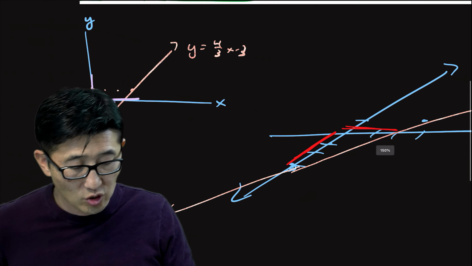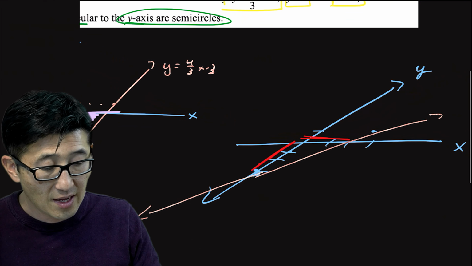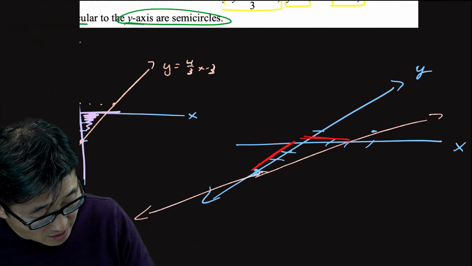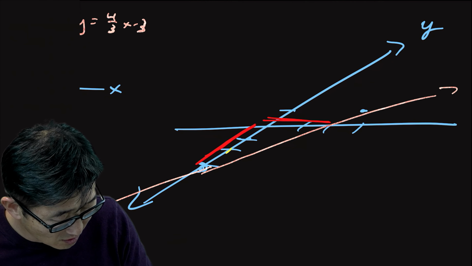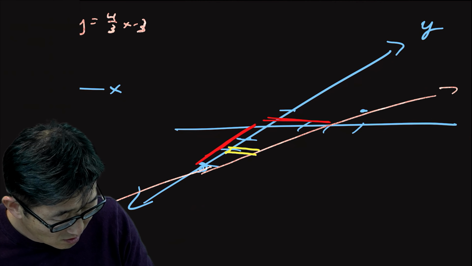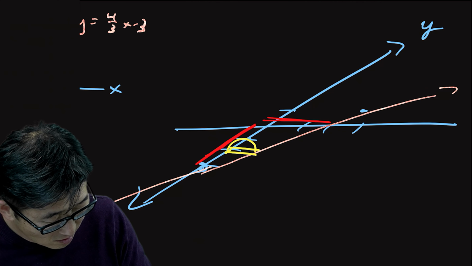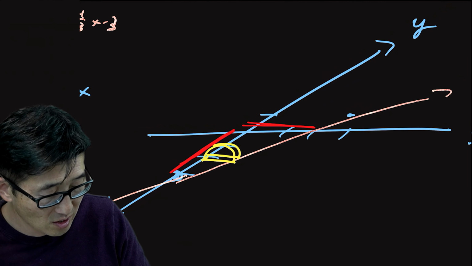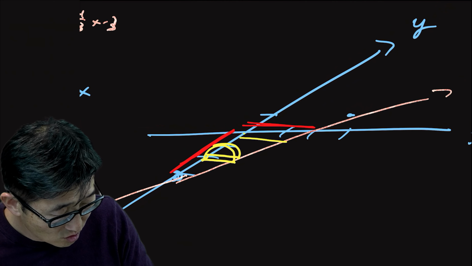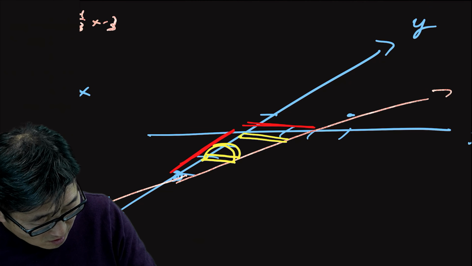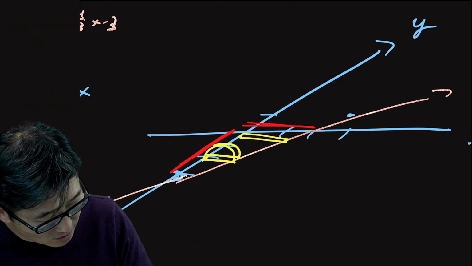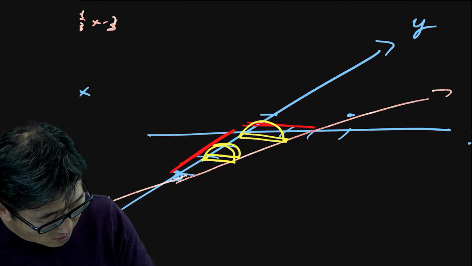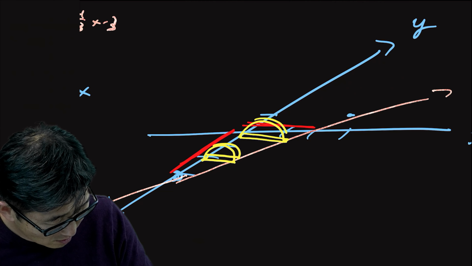Now what you want to do is draw semicircles perpendicular to your y-axis. And what that's going to look like is something like this. Let me draw another one over here, like this, and maybe like that.